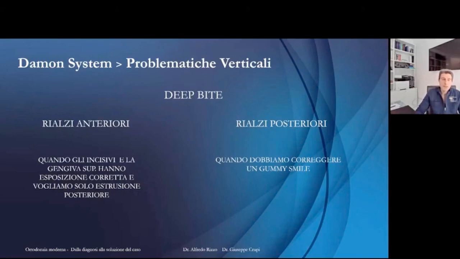Another important area in the deep bite correction is when we ensure that we have buildups in order to open the bite. It allows us not only to open the occlusion, but we can also use various forces and achieve different results in the area of application of that force.